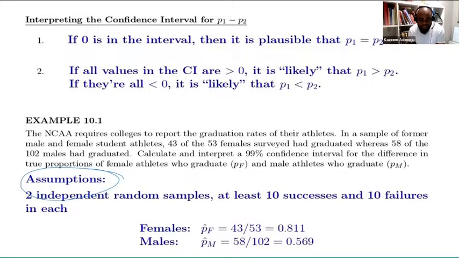Two independent random samples means the 53 females that I choose here, I choose randomly, and I also choose 102 males randomly, because in this college it is not only 53 females that graduated, nor only 102 males that graduated, but we've chosen 53 females and 102 males randomly.